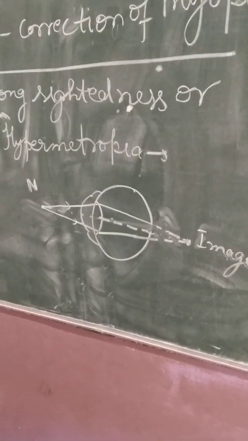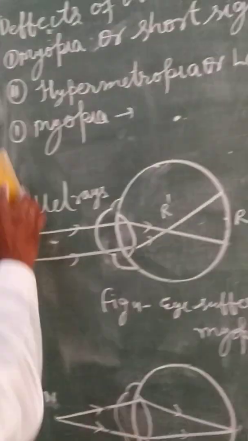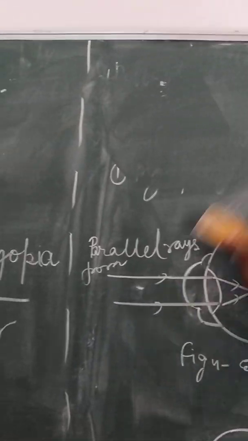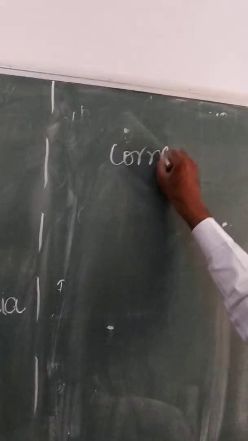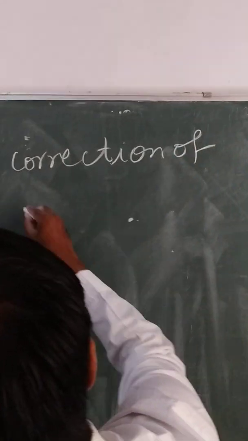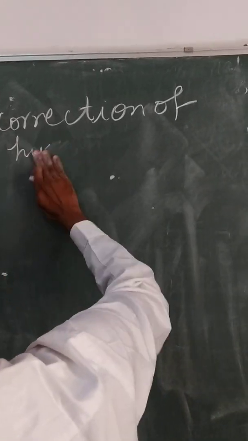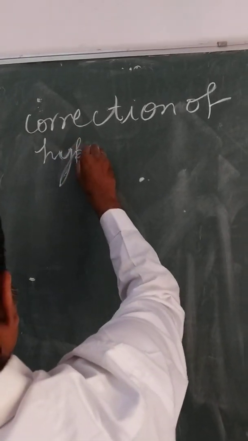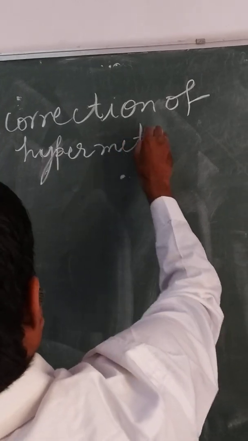And in this defect the far point object is seen clearly. So we discuss the correction of hypermetropia.